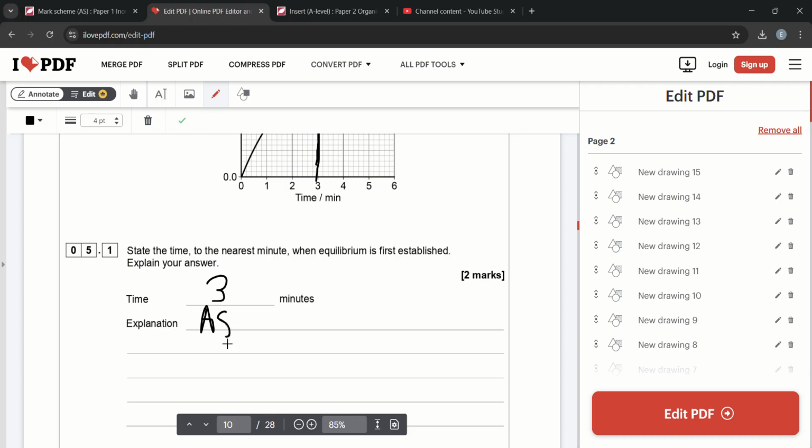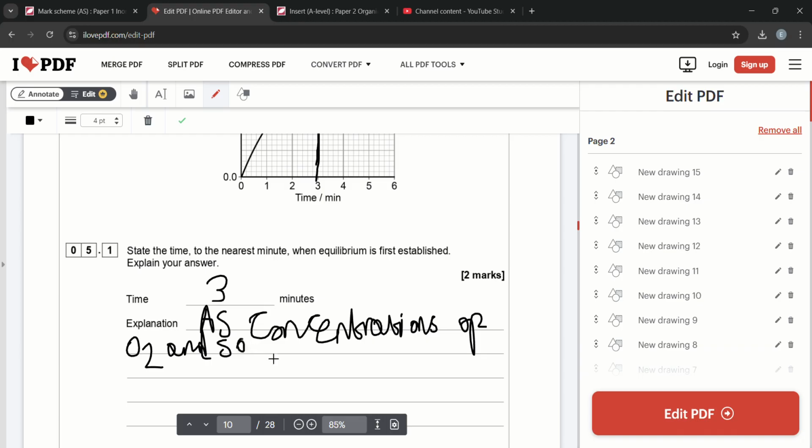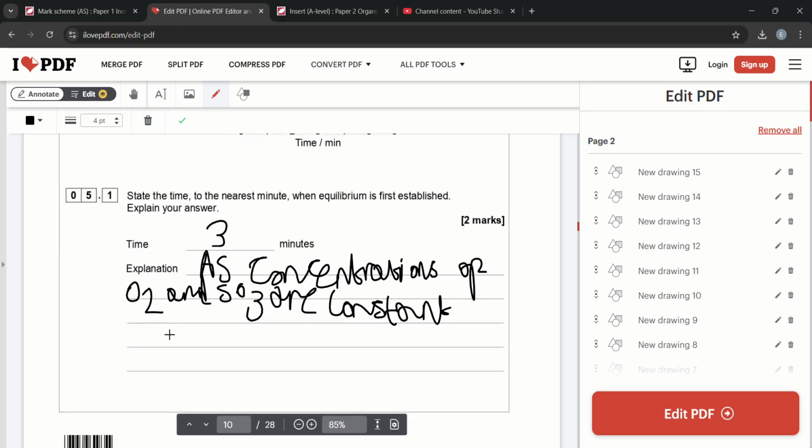Well, because the concentrations of O2 and SO3 are constant at equilibrium.